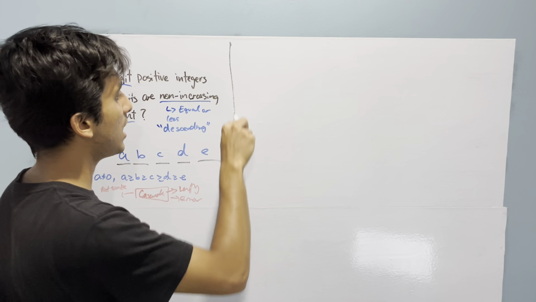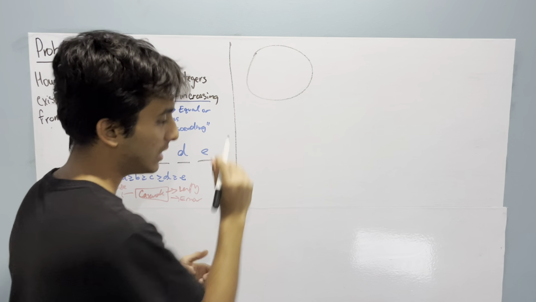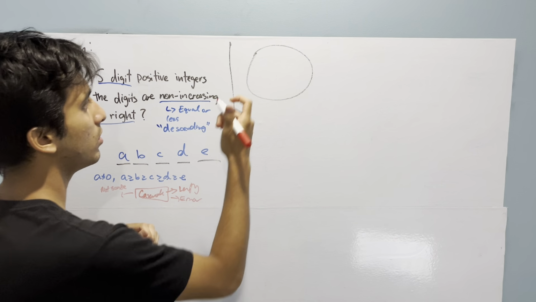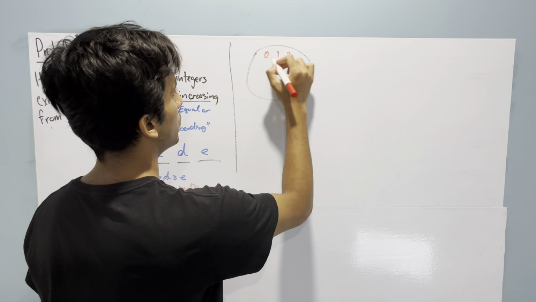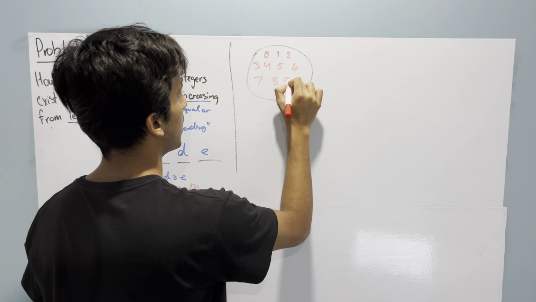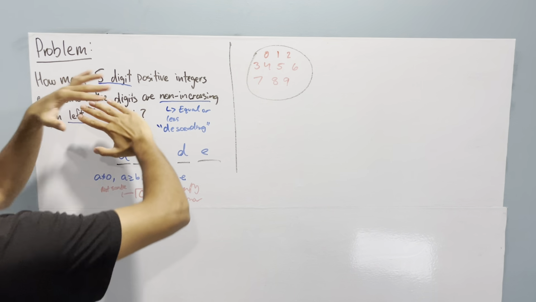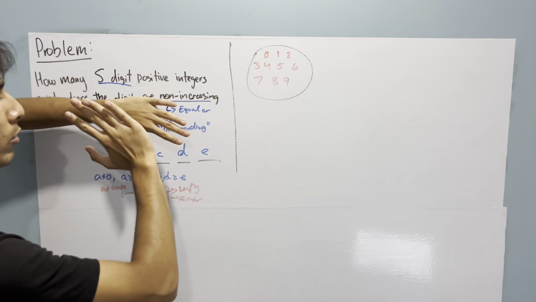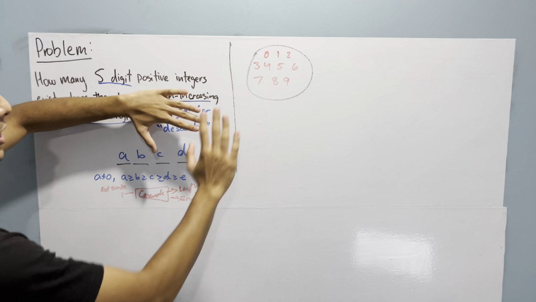So let's imagine that you have a bag. And in that bag, you have digits. So you have the digits 0, 1, 2, 3, 4, 5, 6, 7, 8, 9. And forget about the second half of the problem. How would you go about making 5-digit positive integers from this bag?